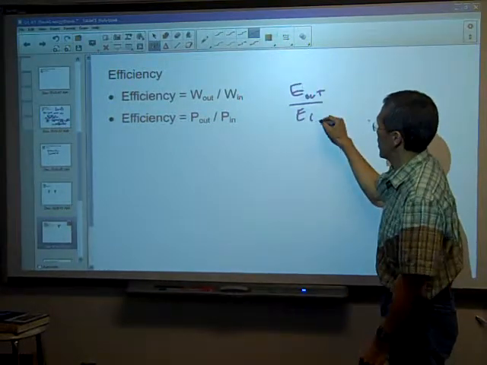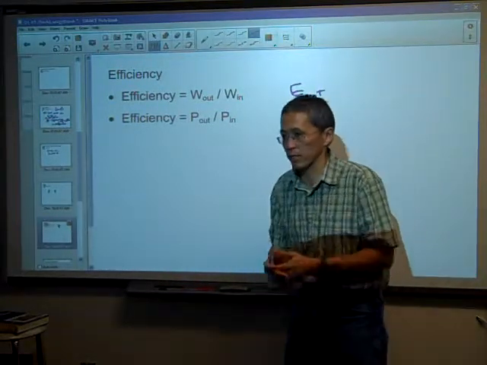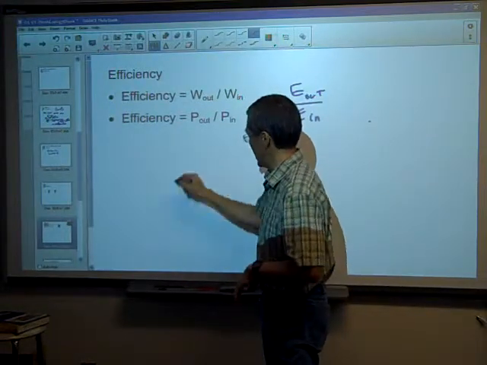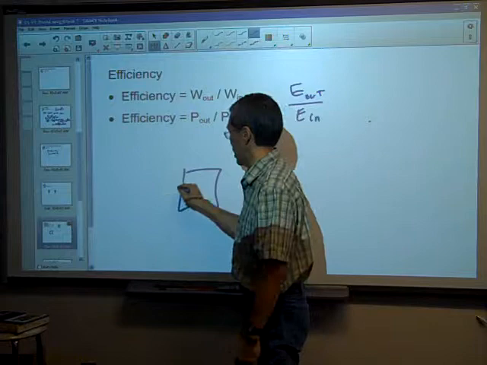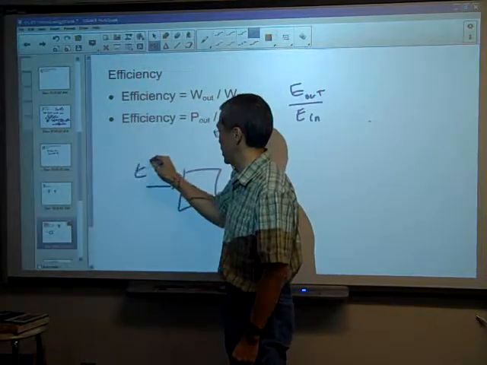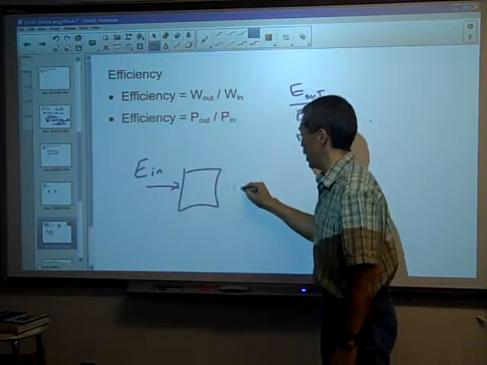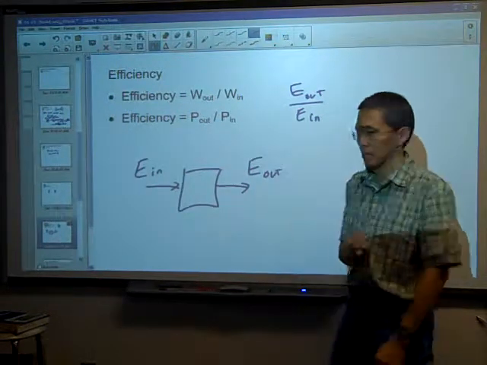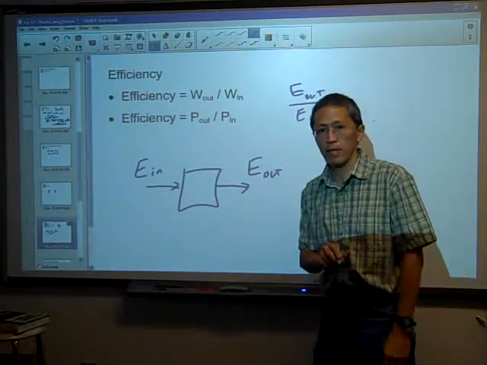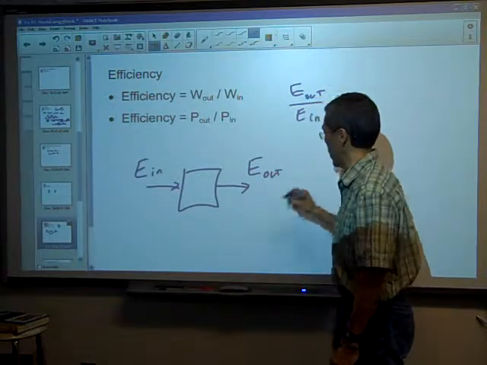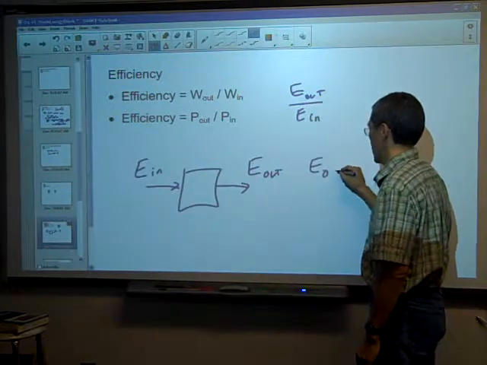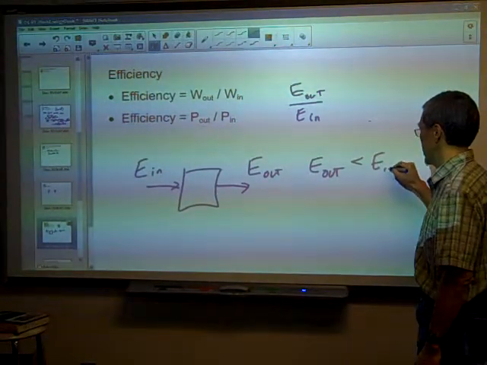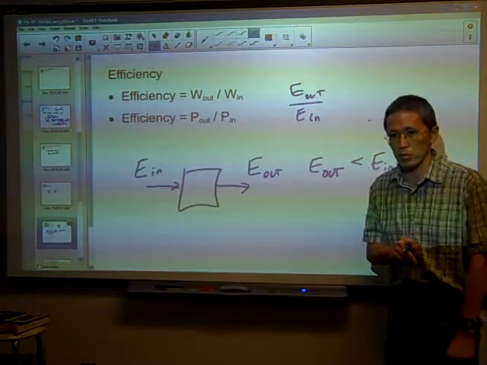So if I have some kind of machine and I put some form of energy in, I will always get some other form of energy out that's less than that energy in. So the energy out is always less than my energy in. Always, always, always, at least in the real world.